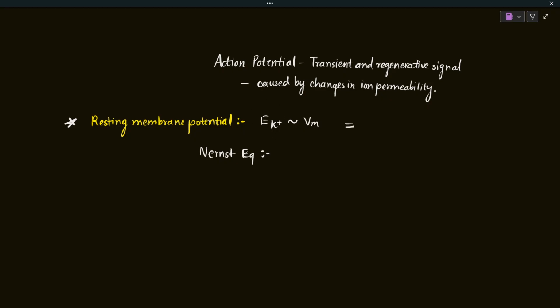It is not exactly equal because there are some sodium leak ion channels which transport sodium ions from outside the cell to inside the cell. This is what we learned in the last class.